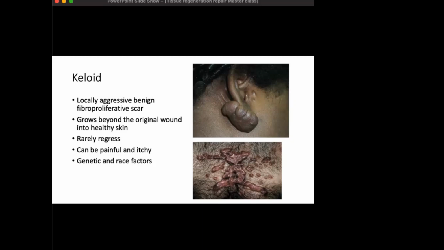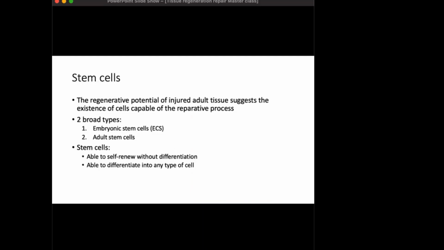Unfortunately, at this stage, there is no cure for keloid. There are steps that you can take to reduce the keloid, but at the moment there's no cure or proper treatment.